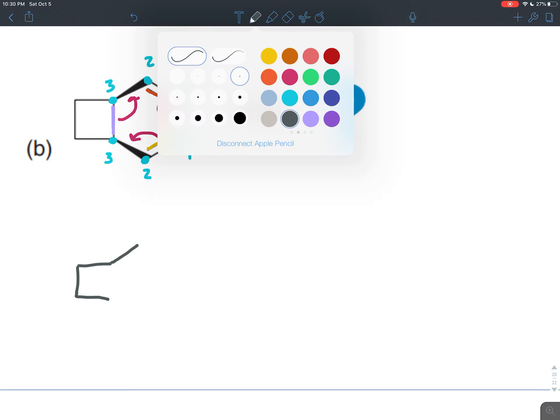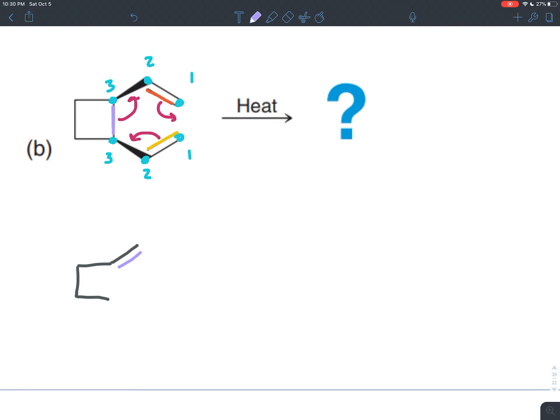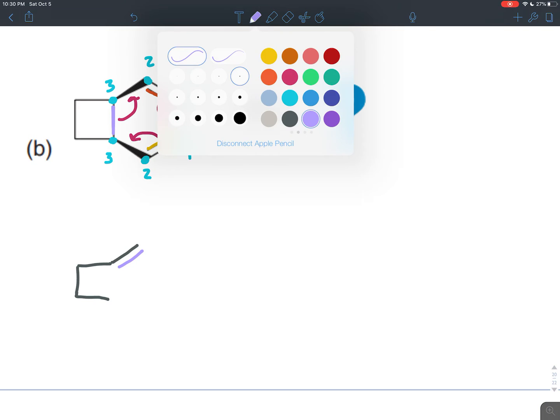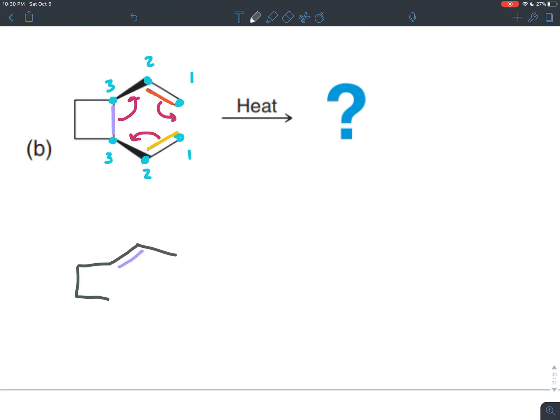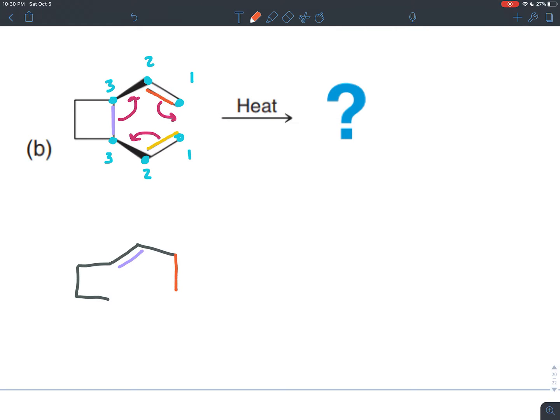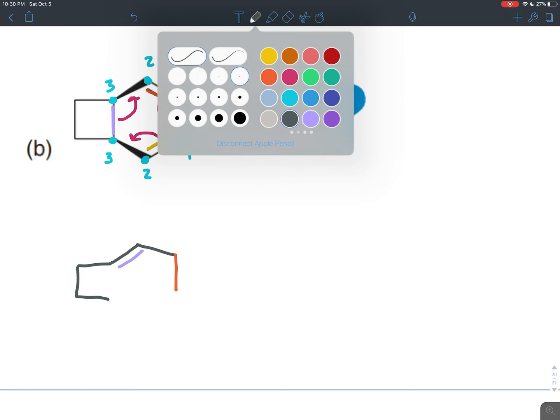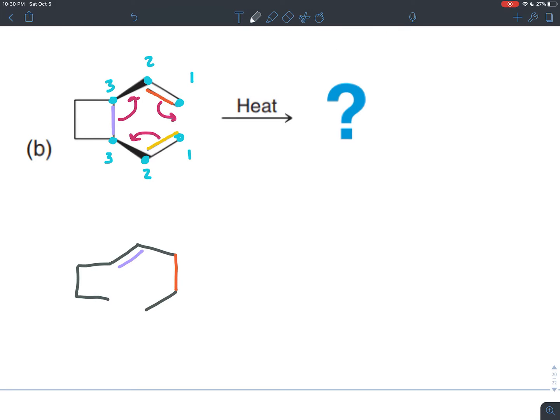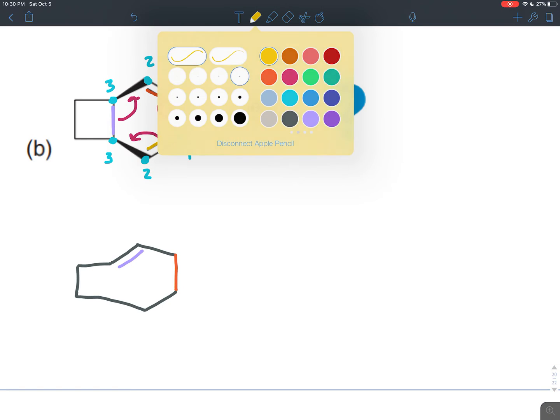We have this bond going up. The purple bond is going to join that one. We have this bond going down. The orange electrons there move to form a new sigma bond. We have this sigma bond there, but the yellow electrons won't be there. Those will be forming the pi bond between those 2 carbons.